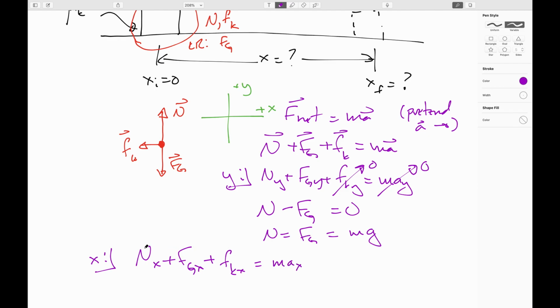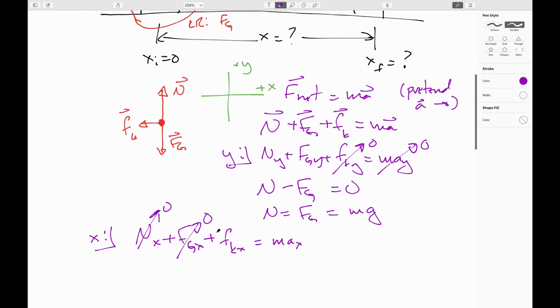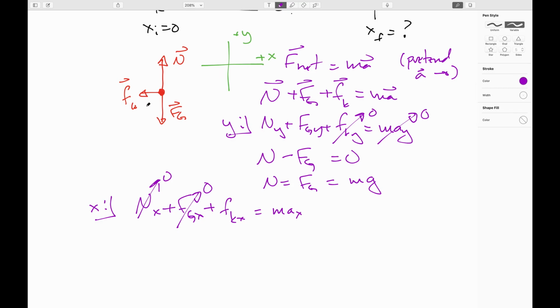Here, the normal force and gravity both act purely in y, so they're both 0. The force of kinetic friction points purely to the left, so it'll be minus F_k. And here we just have ma. So the acceleration will be minus F_k over m.